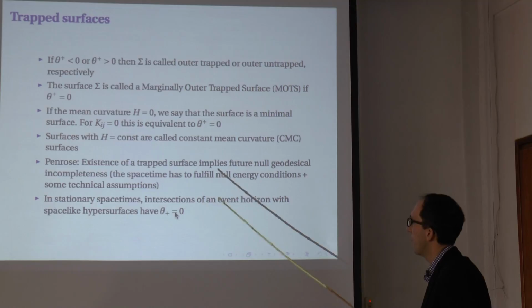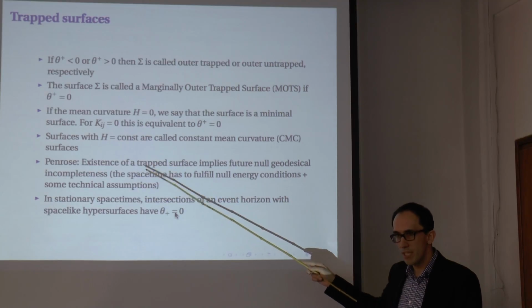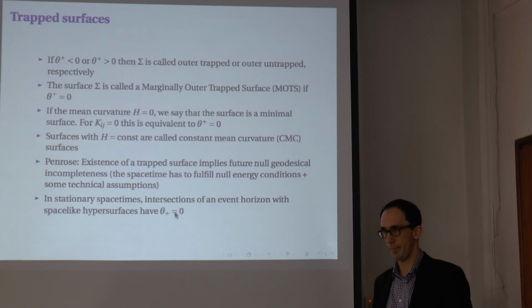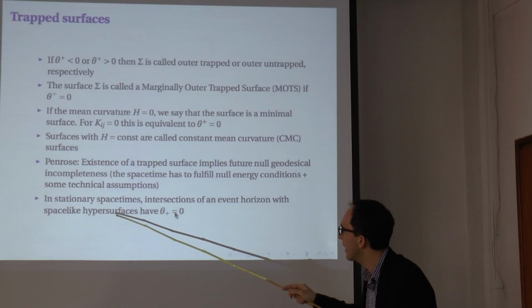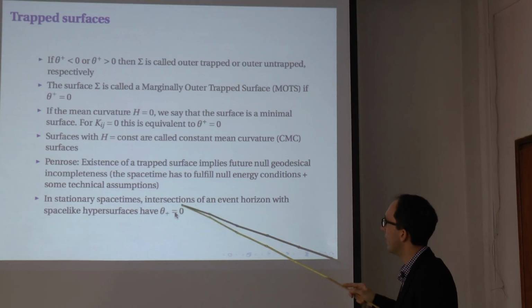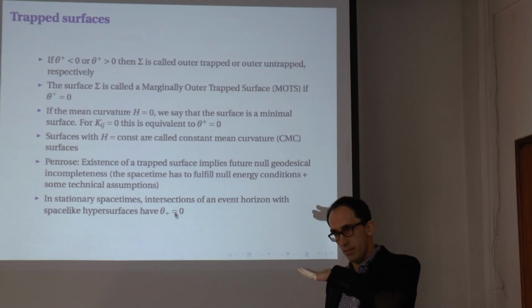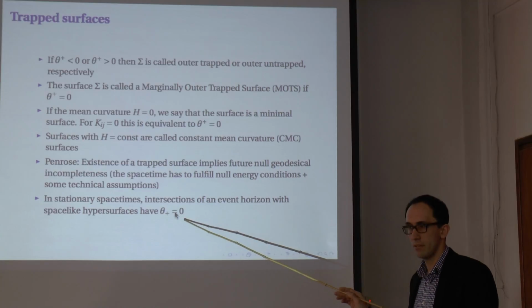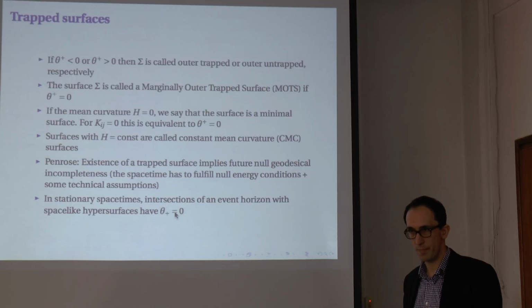But basically, this gives you a feeling that whenever you've got trapped surfaces, that probably signals that there is a black hole. And also it can be shown that in stationary spacetimes, intersections of an event horizon with a space-like hypersurface have theta plus being 0, so that these are marginally outer trapped surfaces.